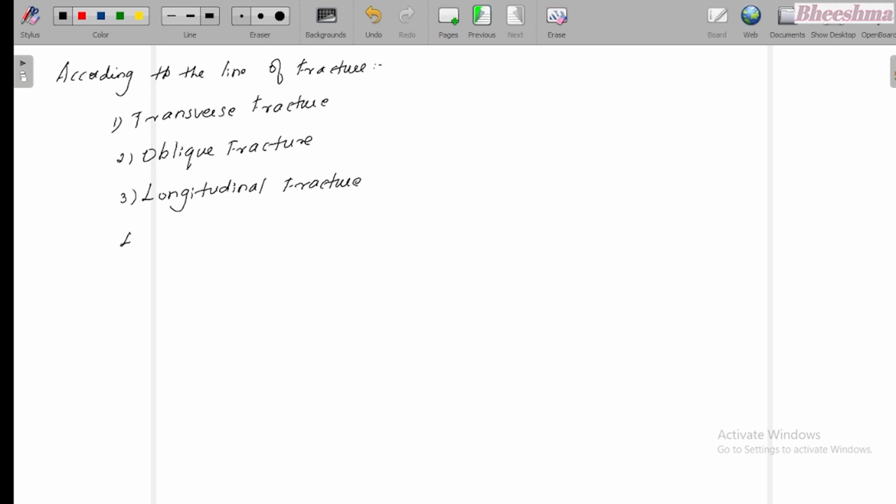Fourth one is spiral fracture. Fifth one is compression fracture.